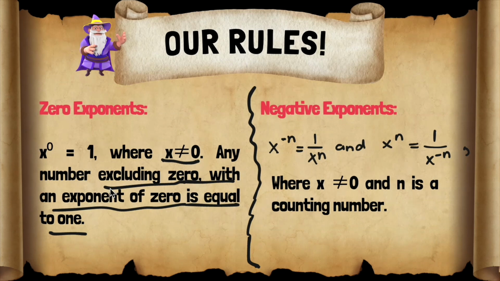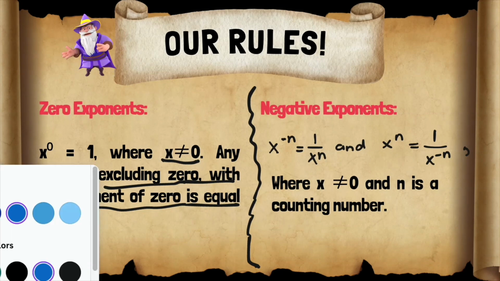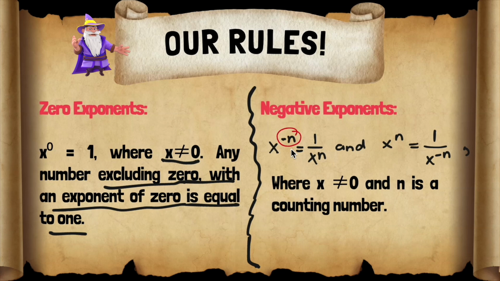Okay? Another thing is, when you have a negative exponent, if you have x raised to negative n, we can write it as 1 over x raised to n. Notice that the exponent that is negative, when we moved it below, became positive. So reciprocation, or the opposite, is what we do.